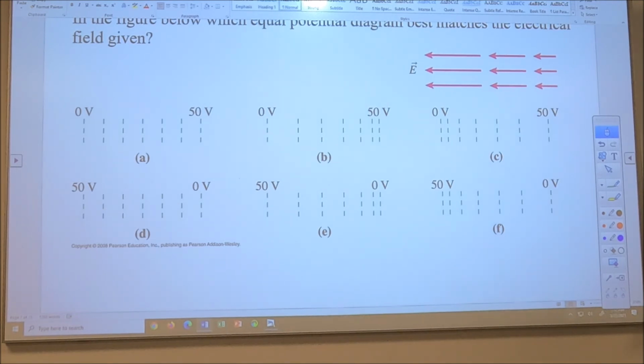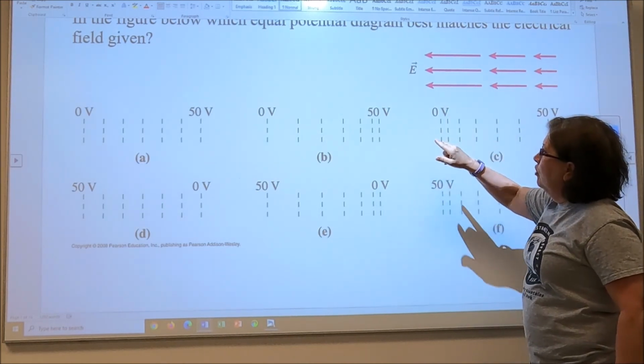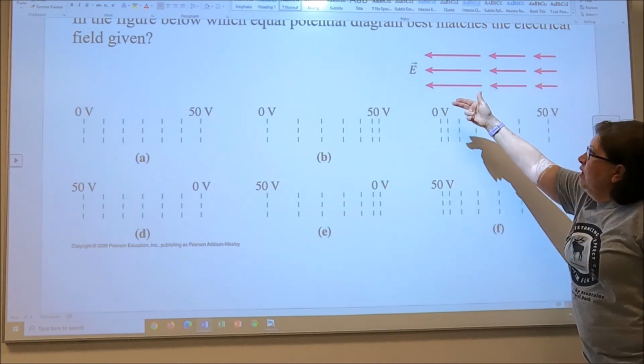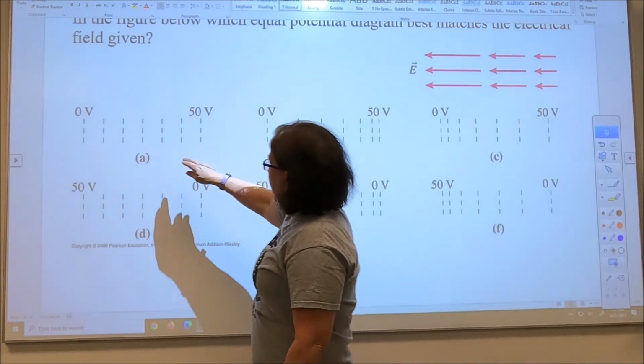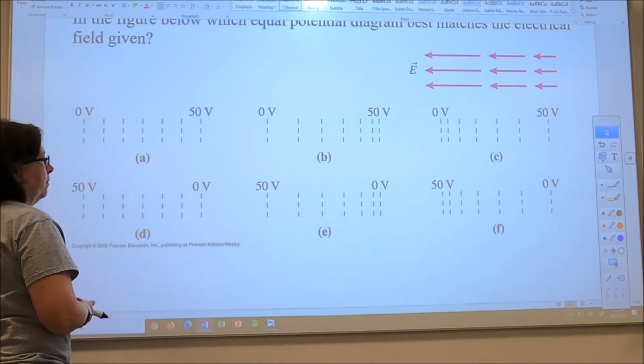Because to have a stronger electric field, I have to have my equal potential surfaces closer together. And electric field vectors always point in the direction of decreasing electrical potential. So I can knock A and D out here because they're equally spaced.